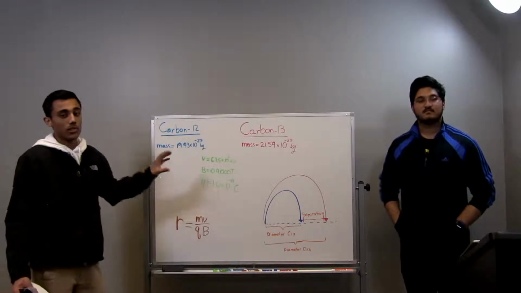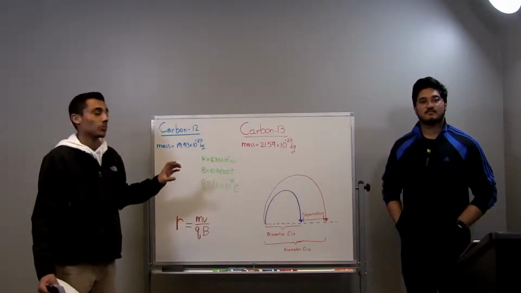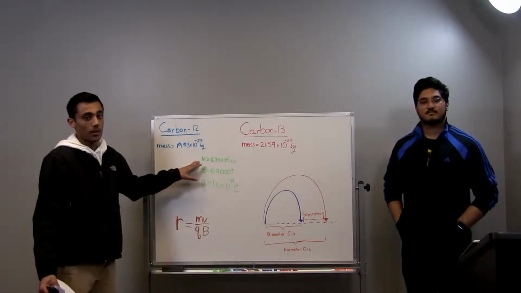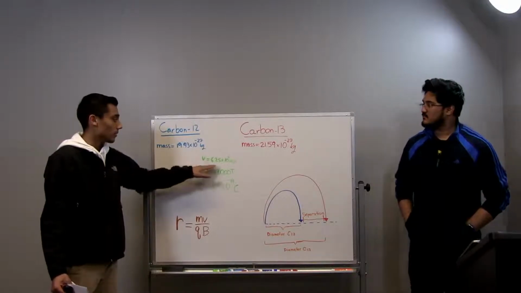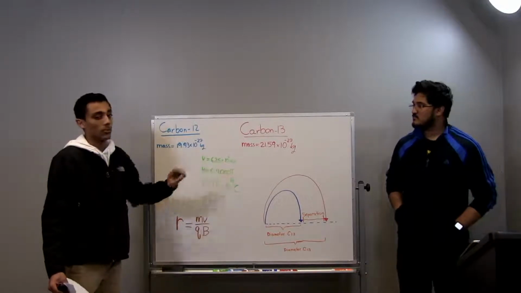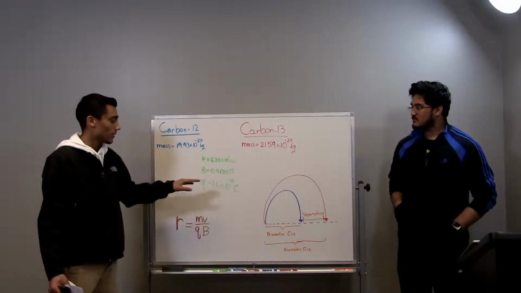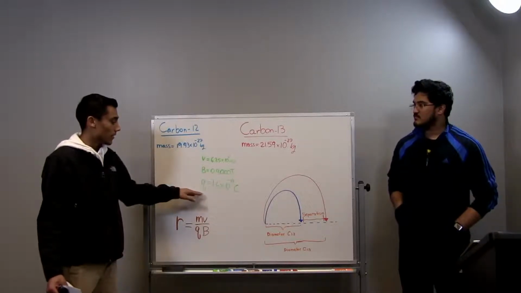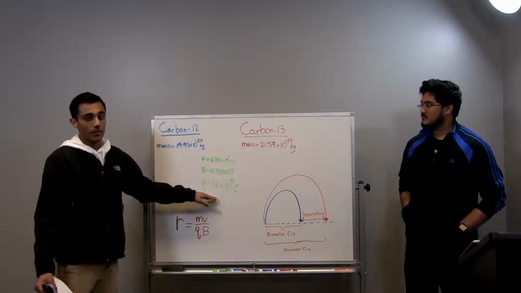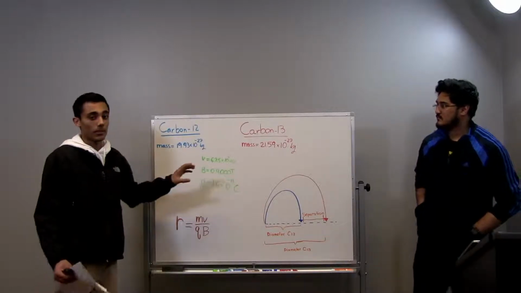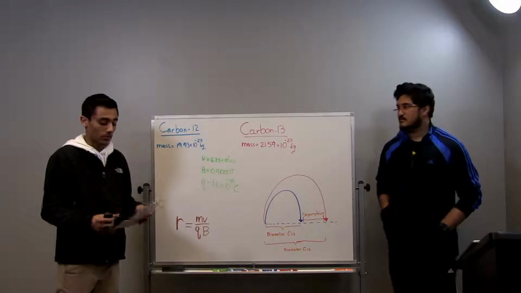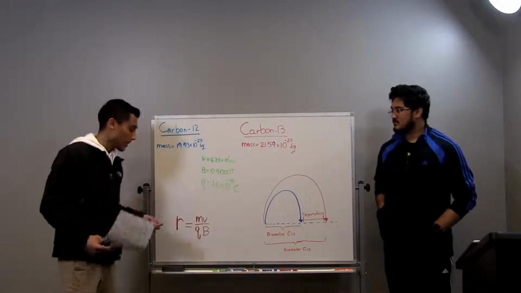They share a few common variables: both have a velocity of 6.25 times 10 to the 5th meters per second, both have a magnetic field strength of 0.9 Tesla, and both have a charge of 1.6 times 10 to the negative 19th coulombs, because they're both protons, which is denoted by the positive e in that question.